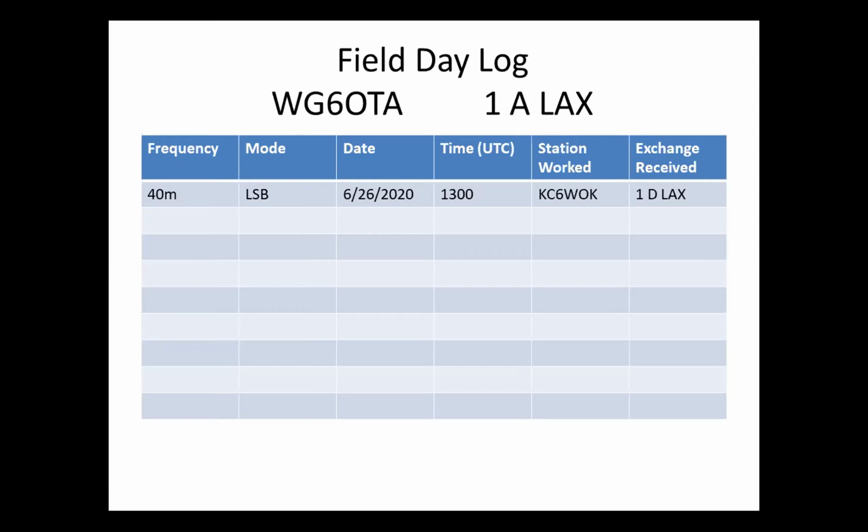If you work a guy on 40 meters, and as the night goes on his 40 meters starts to die out, maybe because he's on the East Coast and he bumps up to 80, and you hear that same call sign and you're up on 80 meters, you can work them again. That's a good contact, so that counts.